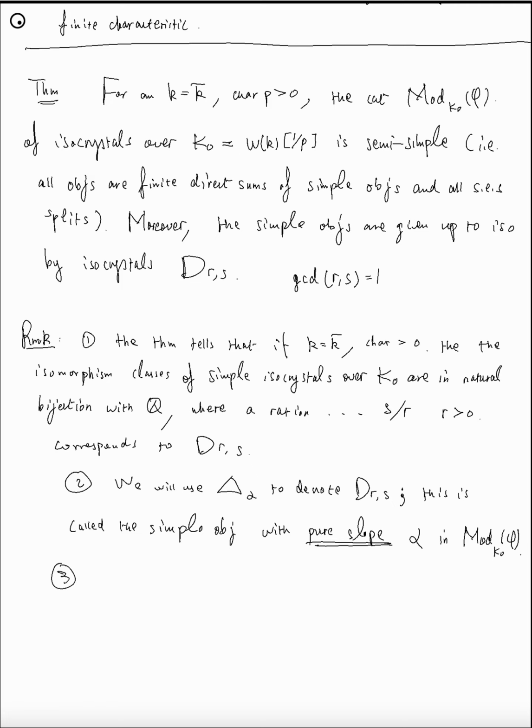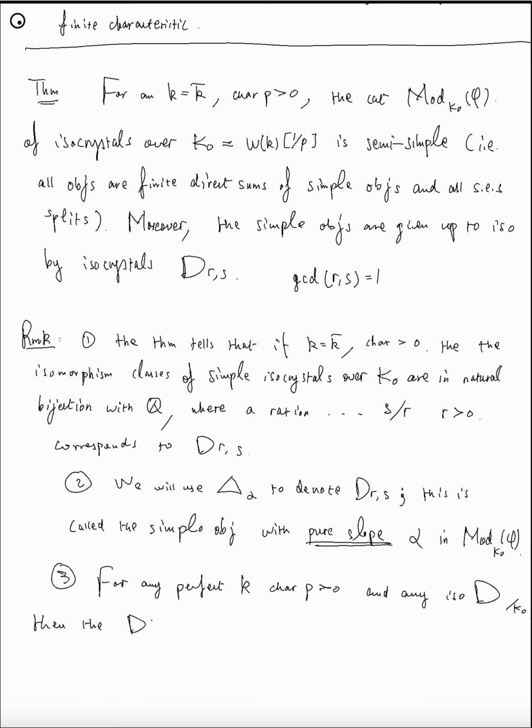Thirdly, for any perfect field small k with characteristic p positive, and any isocrystal D over K0, let's re-summarize.